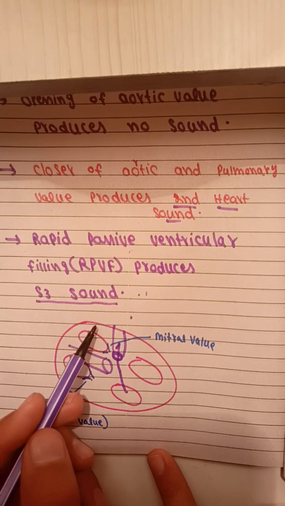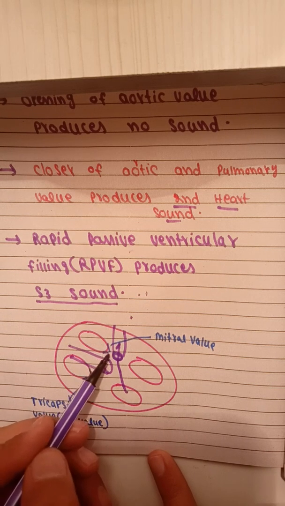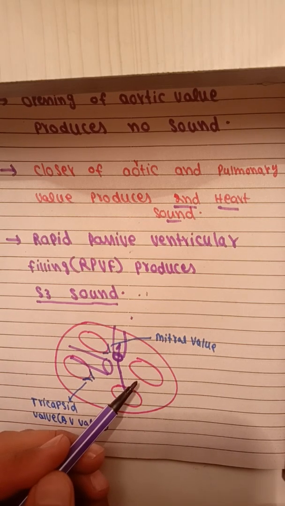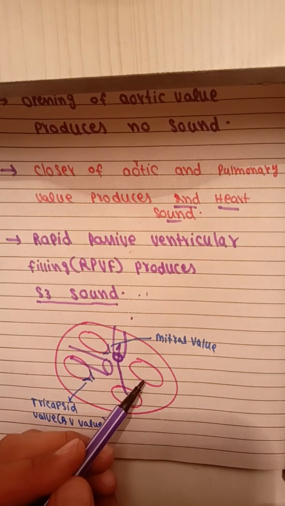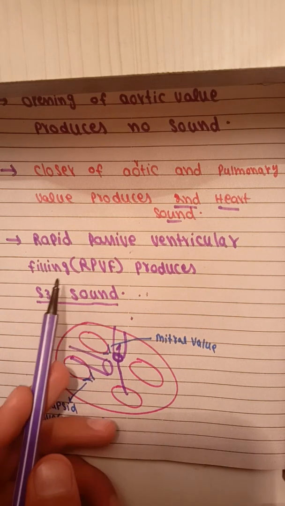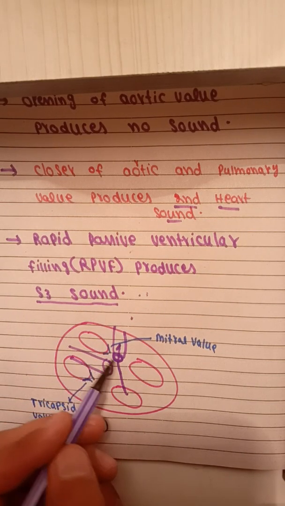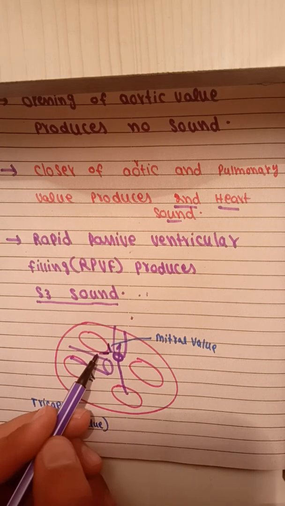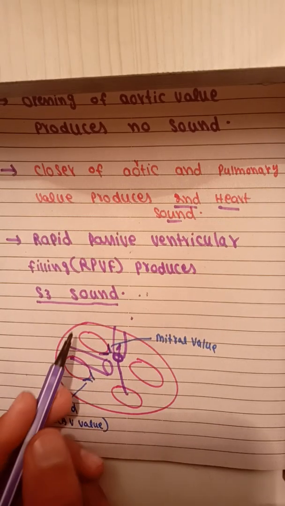When blood comes into the atrium from the lungs, the valve opens and the blood moves into the ventricle directly. It is called passive ventricular filling because the blood is directly coming into the ventricle, and the valve is very loose here for the blood. So this will produce the sound which is called the S3 sound.